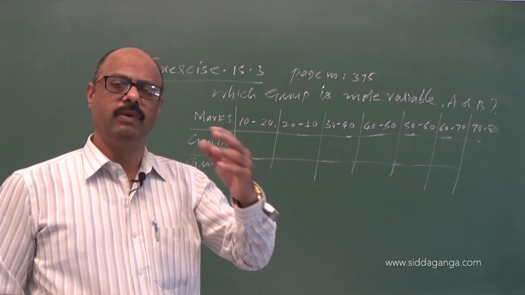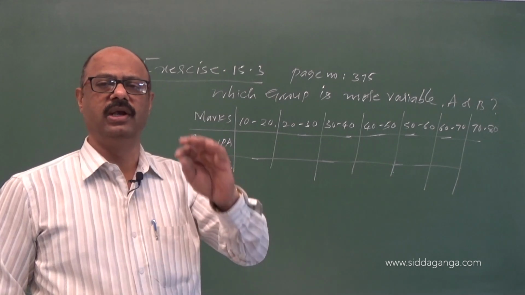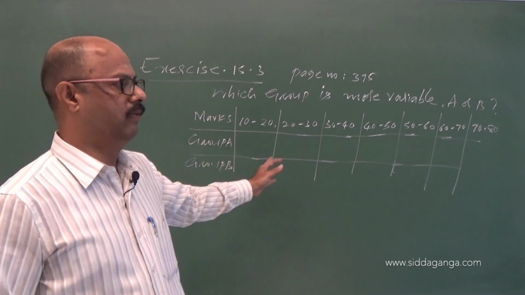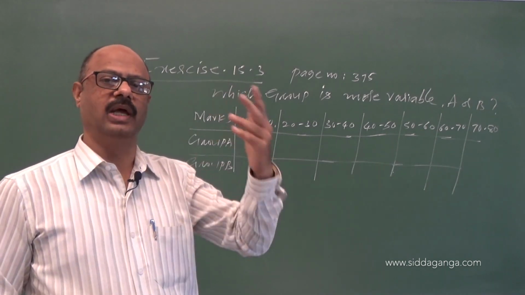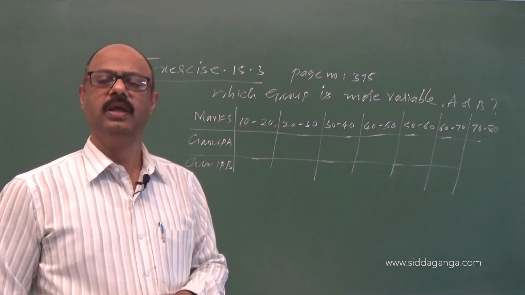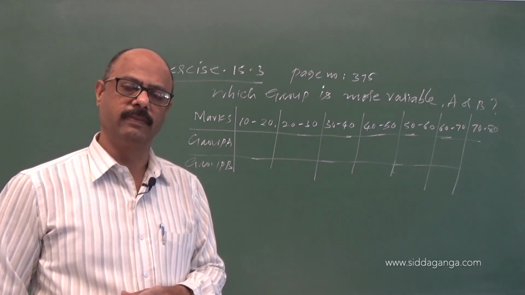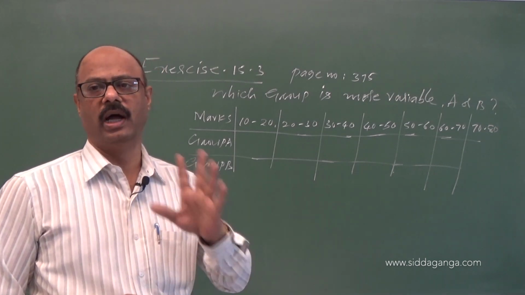Similarly for group B, we will find fi into yi and fi into yi square. Then we will find their mean as well as the standard deviation, and later we will calculate CV, sigma divided by x bar into 100.